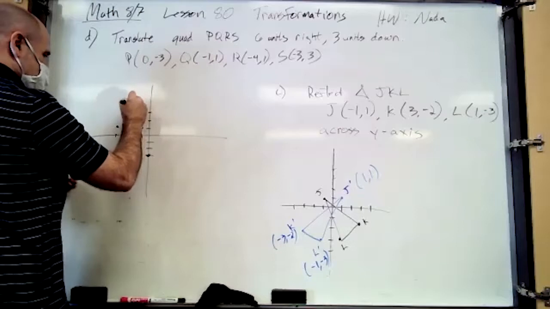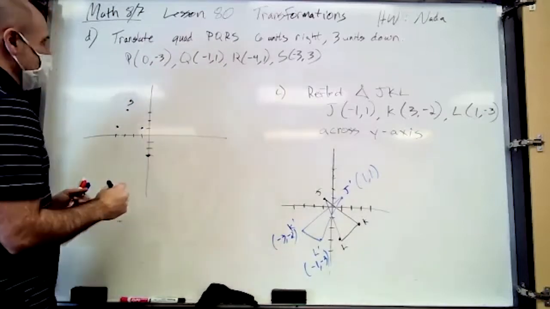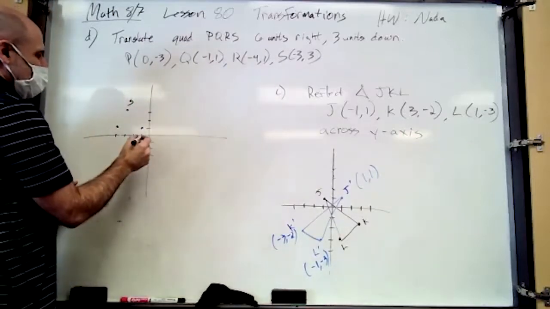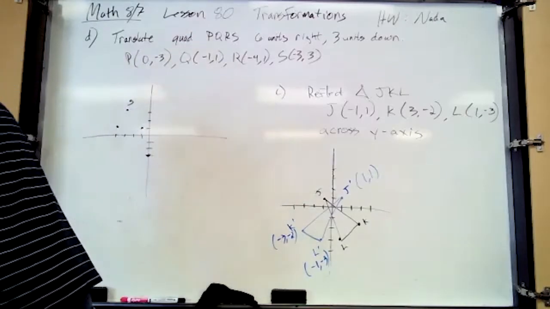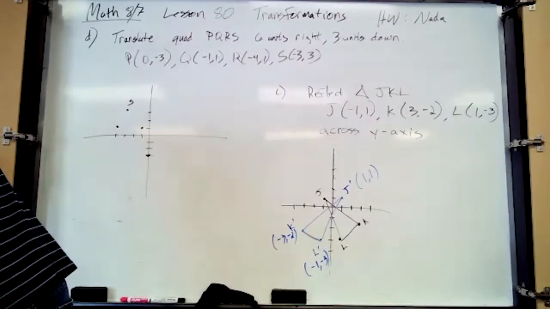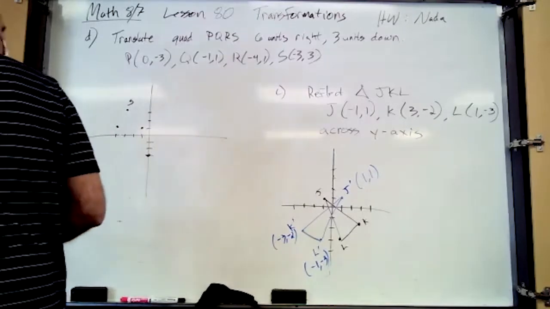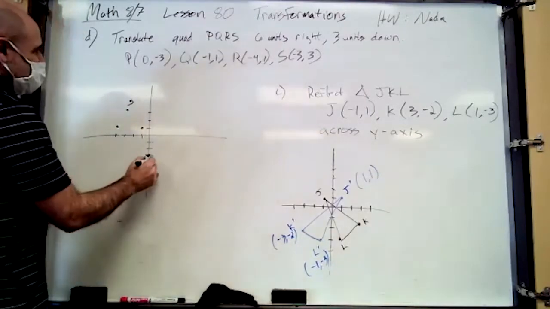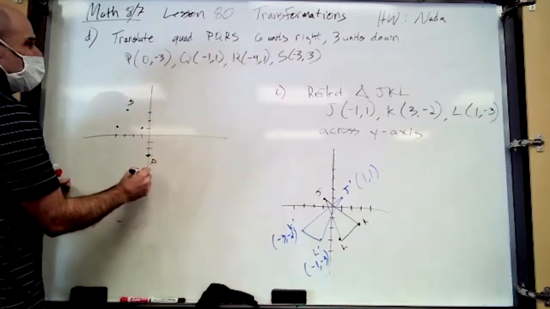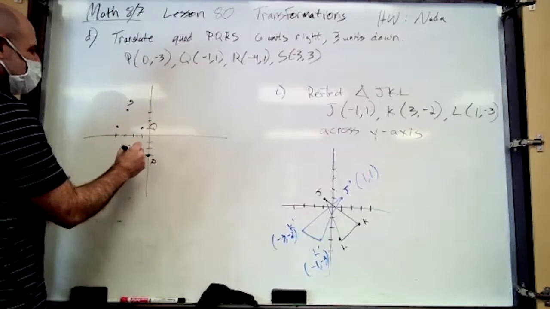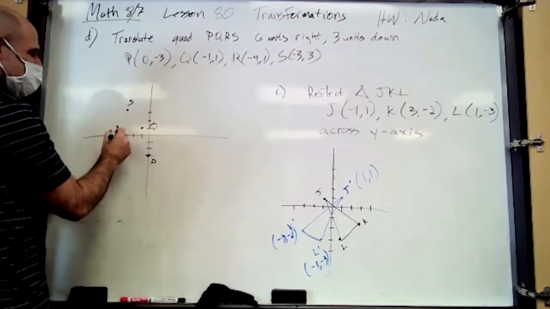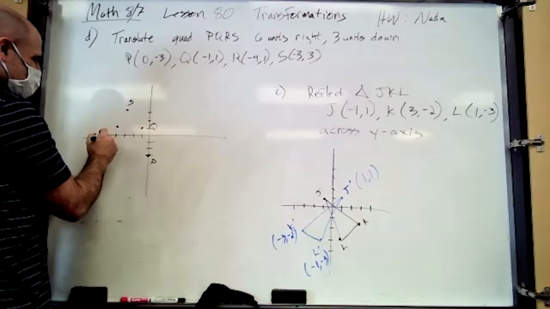There's S. So let's see. 0, -3, -1, 1, -4, 1, -3, 3. Let me make sure I did that right. Yep. So PQRS. So here's P. And then Q is at right here. And then R is at -4, 1. Why would you do that? That's weird.